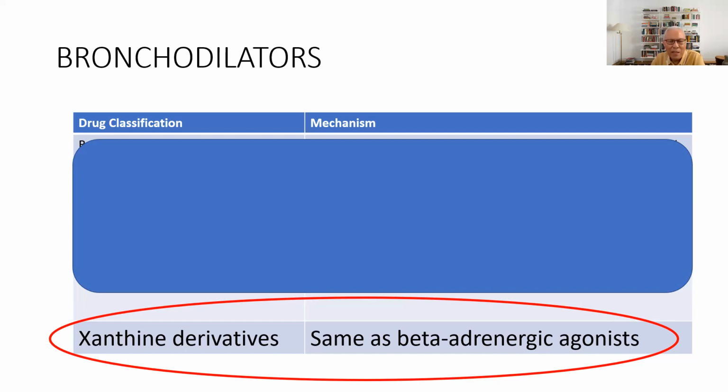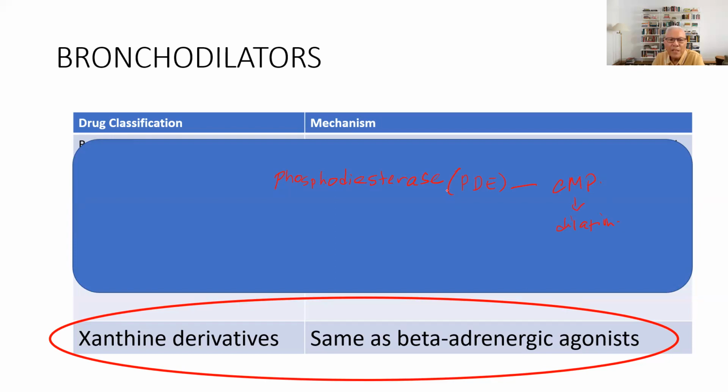But maybe they think that the reason why this occurs is because it blocks the action of a substance called PDE, or phosphodiesterase. And what is this phosphodiesterase? Also known as PDE. And what it does is that it actually blocks the production of CMP, and CMP causes a dilation of the bronchi.